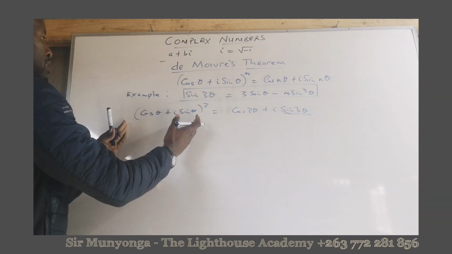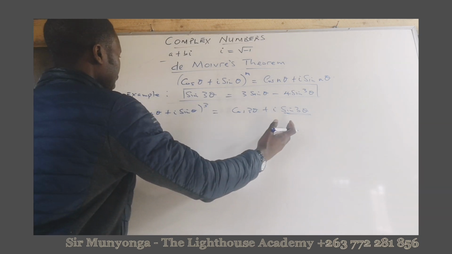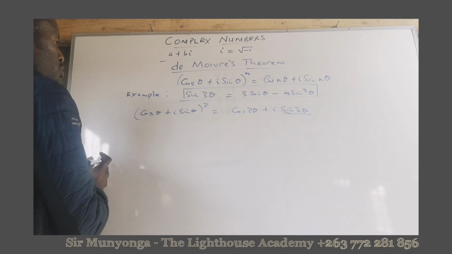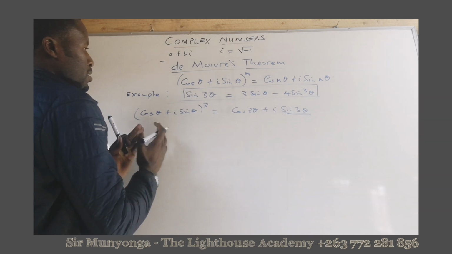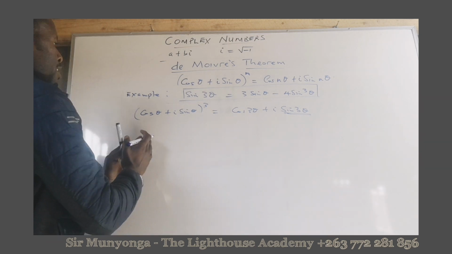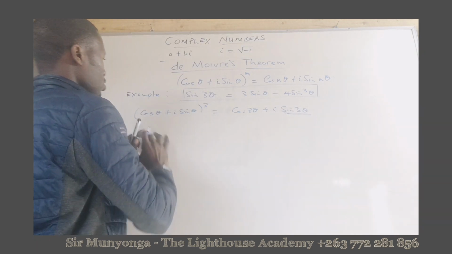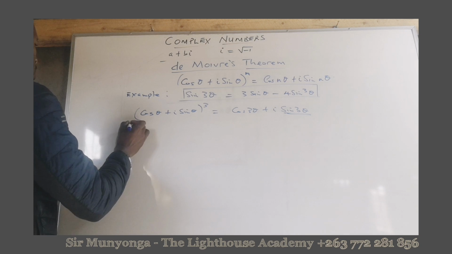So let's expand the left side. If these two are equal, then when we expand, we compare the real part, which must be equal to the real part of the right side, and the imaginary part must be equal to the imaginary part of the right side, which is sine 3 theta. So let's expand this using binomial expansion.